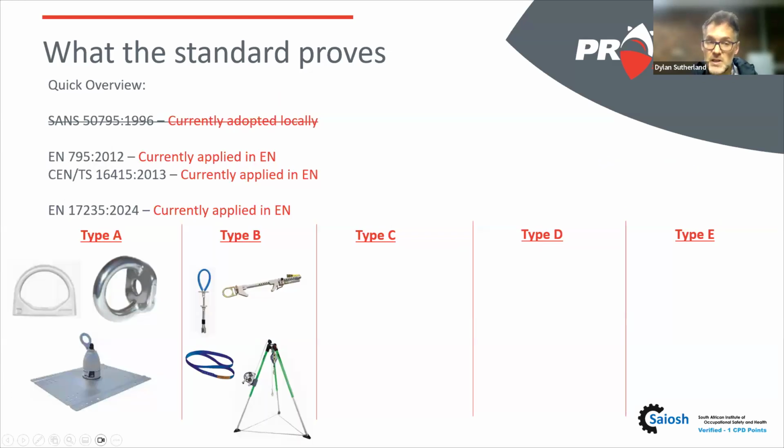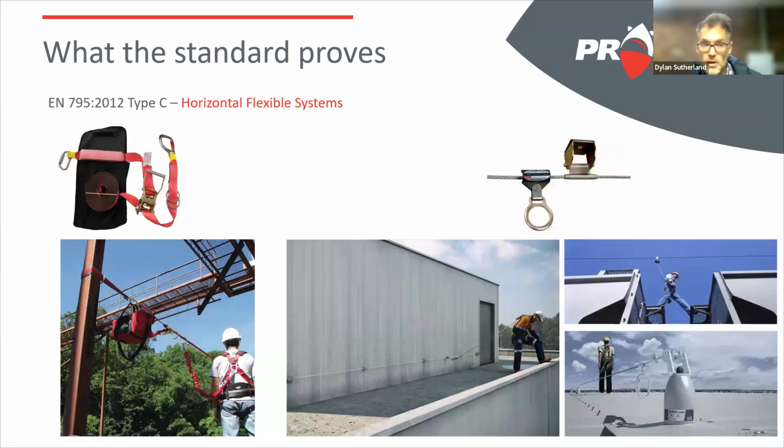We then look at type C. So on type C, we start talking about our horizontal flexible systems. That could be either a temporary lifeline or a fixed lifeline. Now, what this gives us is the ability to move. So again, if we use the situation where I've got a 2-meter lanyard, if I'm connected to a type A, I can only really move 2 meters away from that anchor point.